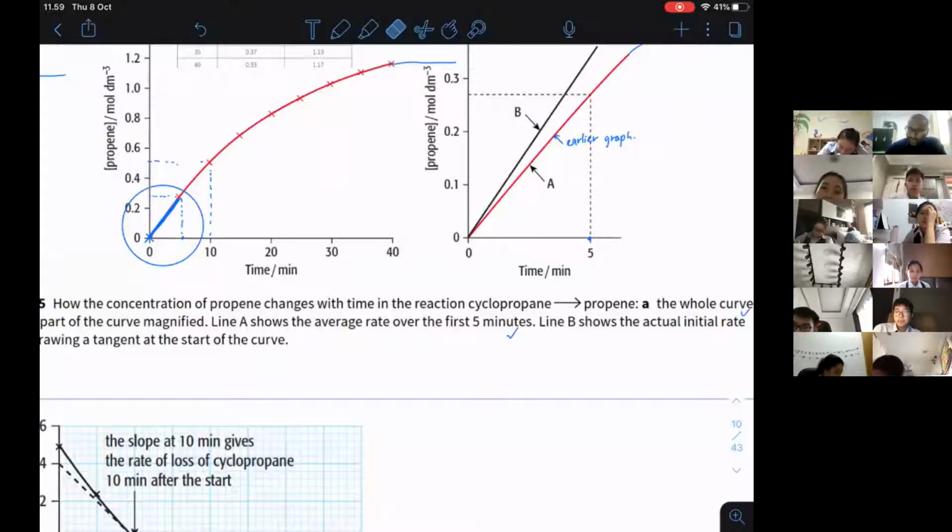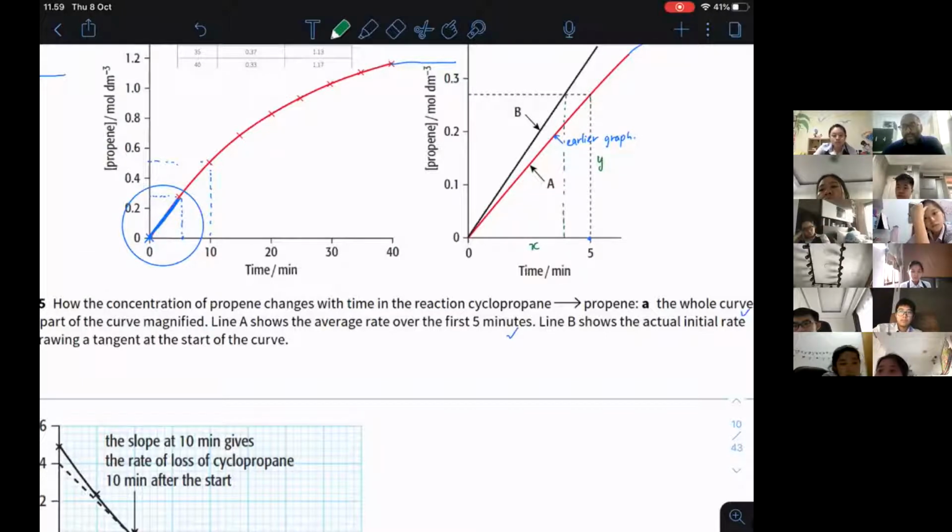If you find the gradient of line A and line B, how to find the gradient is going to be this y divided by this x. And then I can find the gradient of this as well, this y divided by the x.